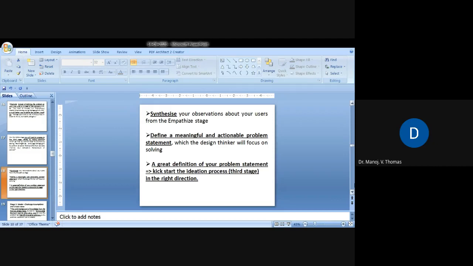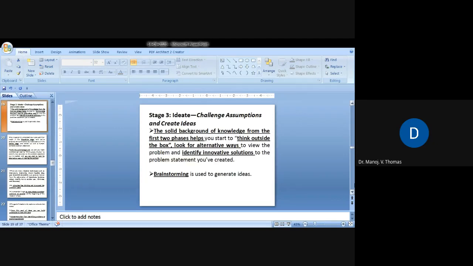The great definition can be formed only from the defined stage, isn't it? So if you have identified a great problem statement, then the third stage, the ideation stage, would be easy, and it will go in the proper direction.